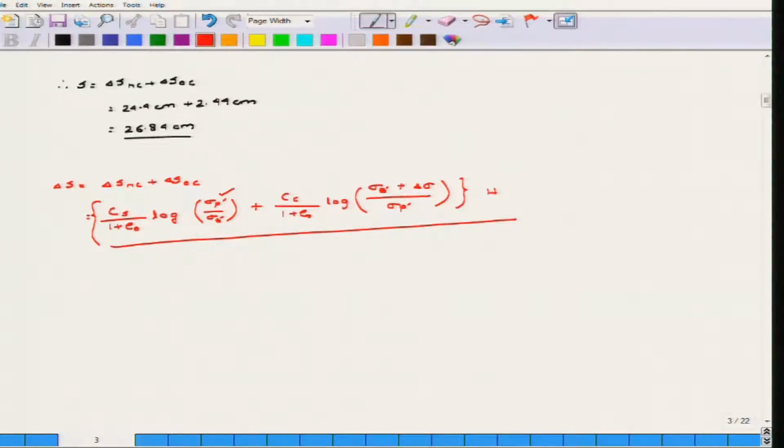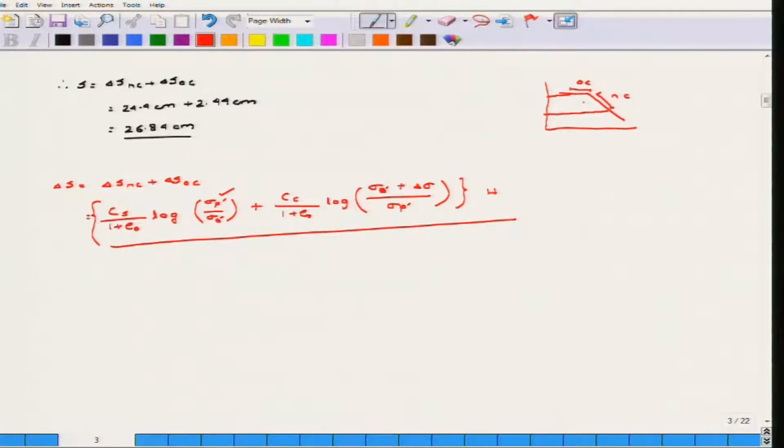Taking all these factors into account, you have to find out the total settlement considering both the normally consolidated and the over consolidated soil, depending on where your initial stress lies. If your initial stress lies here and you are subject to a stress here, then you can easily see that it is a sum of over consolidated plus normally consolidated settlement.